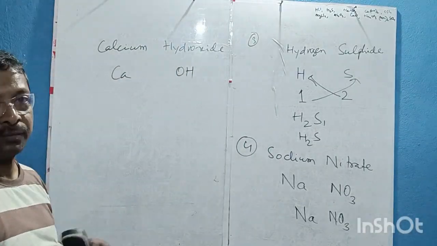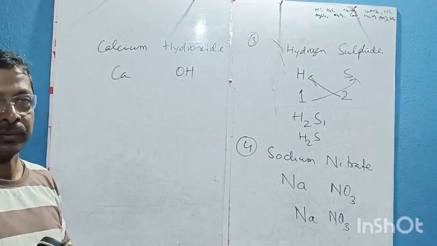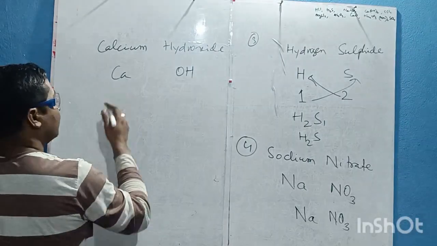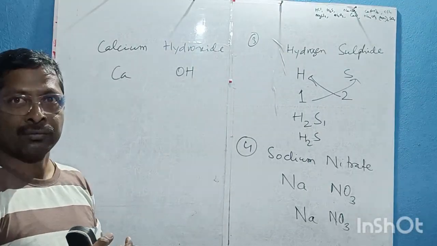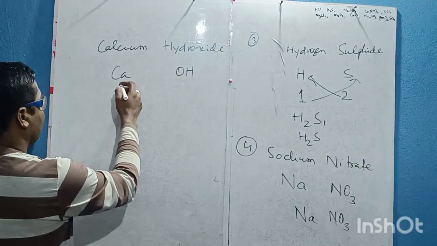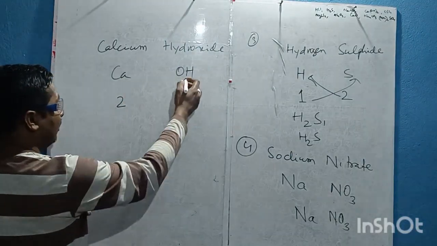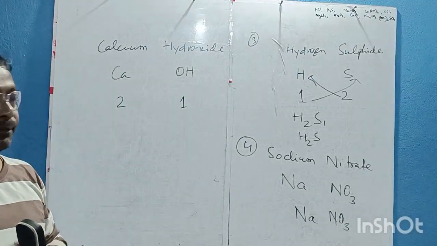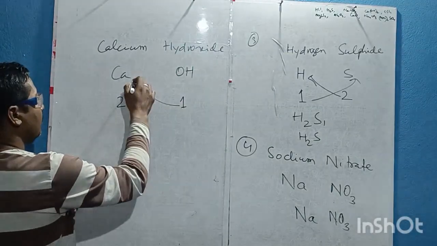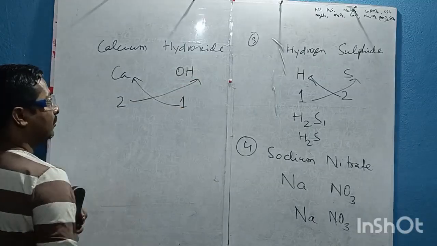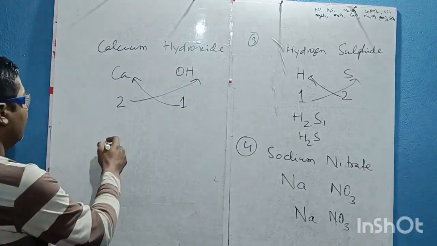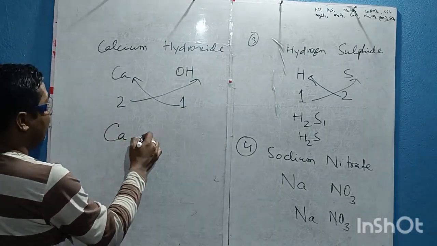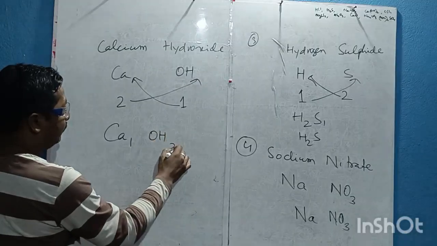This is also a polyatomic ion having valency -1. I am not taking plus and minus into consideration. So valency of calcium is 2 and hydroxide is 1. Instead of -1 I am writing 1. So this goes here and this goes here as a rule. So calcium 1 and hydroxide 2.